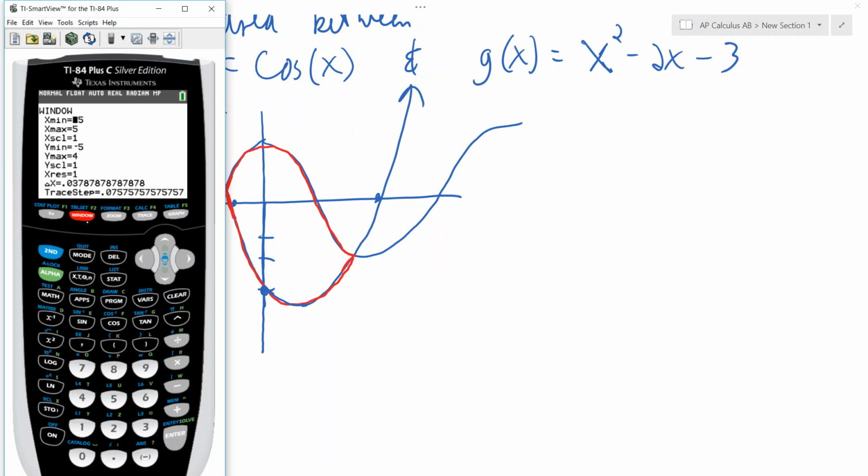When I graph that, I'm going to set my window to be a little bit nicer. I'm going to do negative 3 to 4, count by ones, and maybe negative 5 to 3, that'll be good. There's that super cool cosine graph. So here's the picture, looks something along these lines.